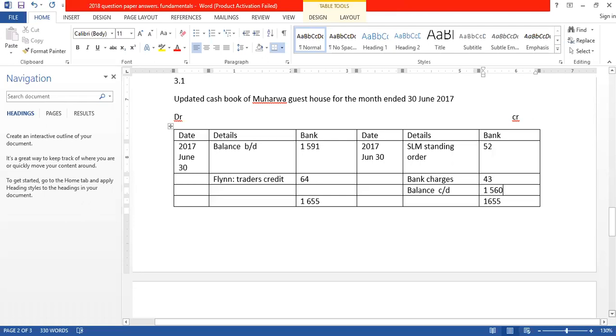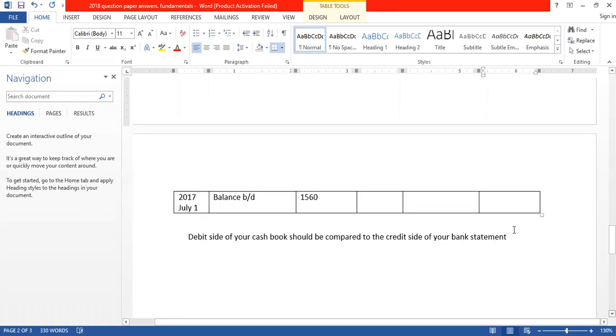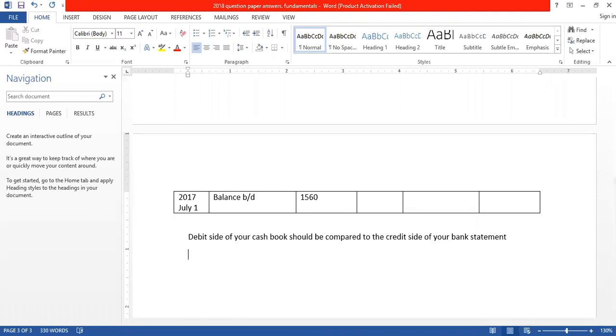So it's very important that you know how to balance accounts in accounting, because we do that often. Even when you're drawing up your income statements, in most questions, you'll be required to draw up a ledger account.